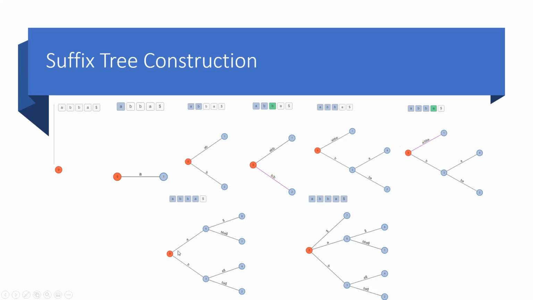So in the next picture, we split A because the next symbol we have is the dollar sign. So we could just have a dollar sign as the last one, as a suffix substring. And then we have a BBA dollar sign as well.